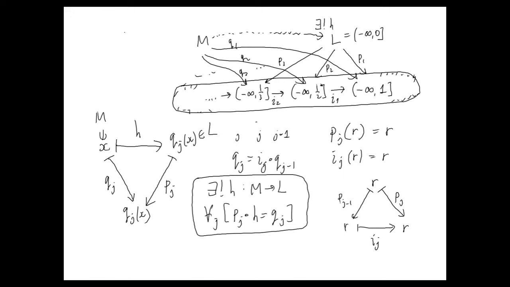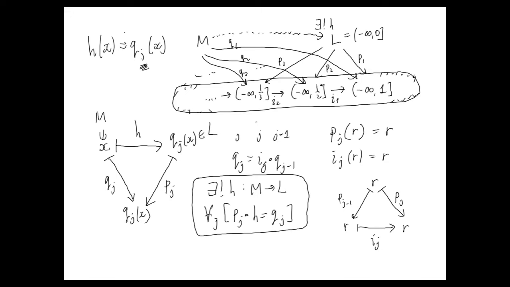But is there at least one? If we do map X to Qj of X, will that even be a map? The problem with our definition of H, that we are now forced to have H of X equal Qj of X, is that, first of all, it depends on the parameter J. For which J do we define H of X to be Qj of X?